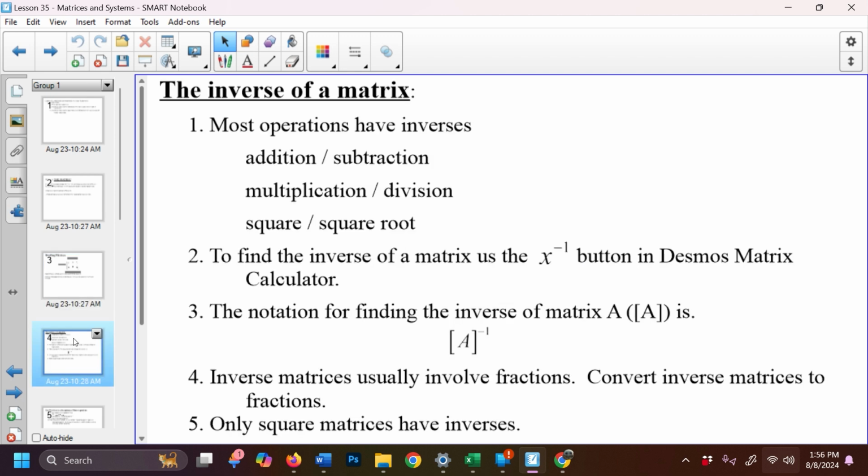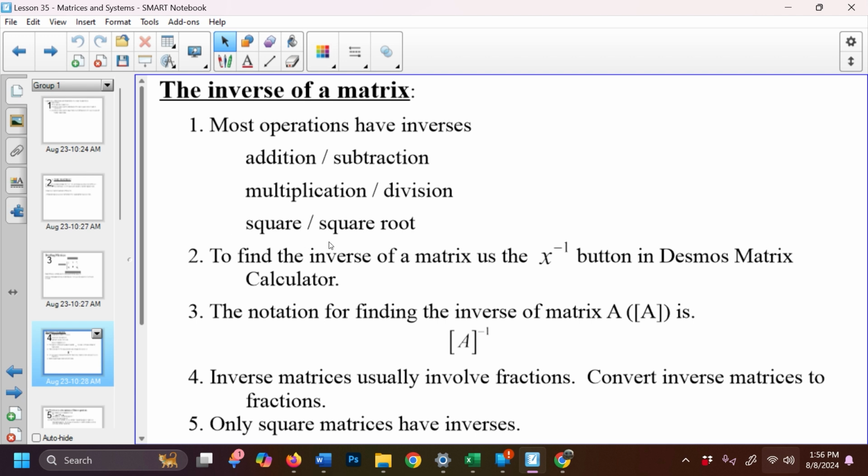The main thing that we're going to use for matrices is its inverse, and we're going to use that process to solve systems of linear equations. And just like most operations have inverses, addition and subtraction, multiplication and division, square and square root, those are inverse operations. If you multiply by the inverse of a matrix, you can think of it as if you are undoing some of these operations.